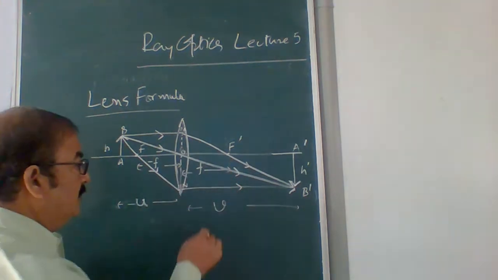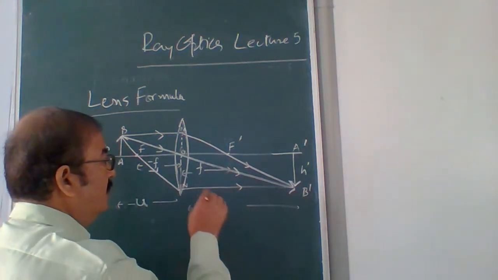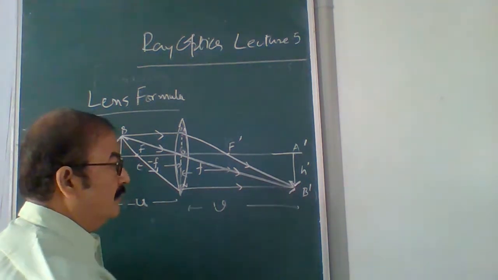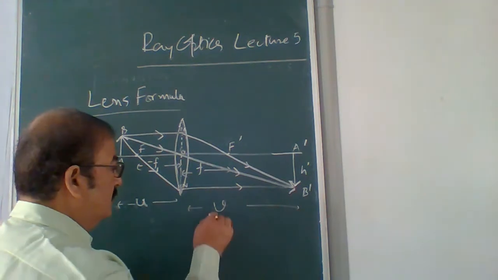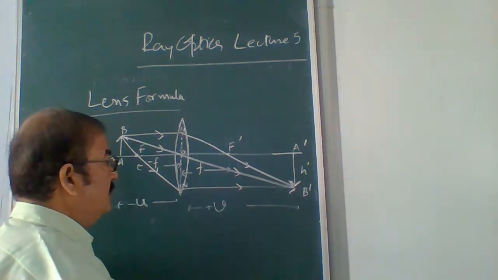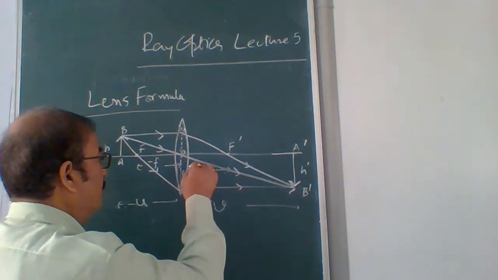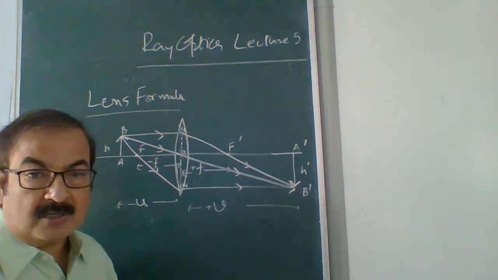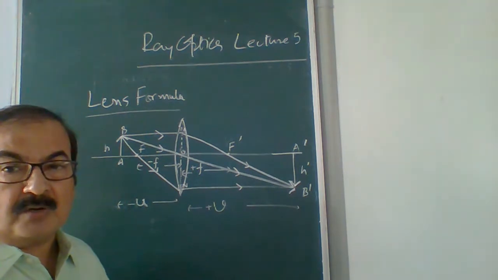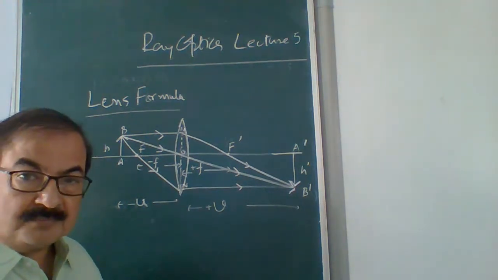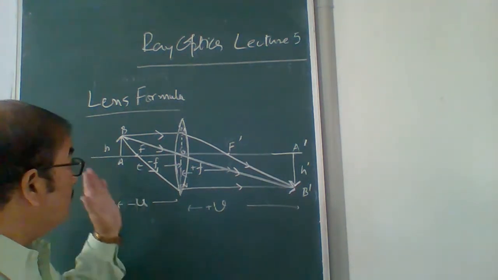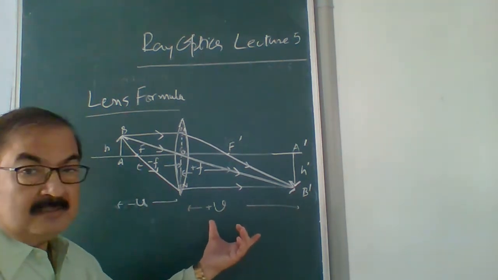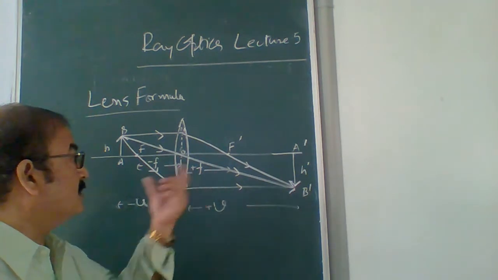This distance is v, image. This is positive v because this is on the right side of this, and this is counted in the direction of the incident ray, and therefore this distance is plus v, and this distance OF dash is your plus f. मैंने पहले कहा बाई कॉन्वेक्स लेंस दैट मीन्स फोकल लेंथ ऑफ बोथ साइड आर इक्वल. क्लियर? इतना हो गया. और जब इतना हो जाएगा देन what we have, this is your minus u, this is plus v, and this is your minus f, this is plus f, and so on.